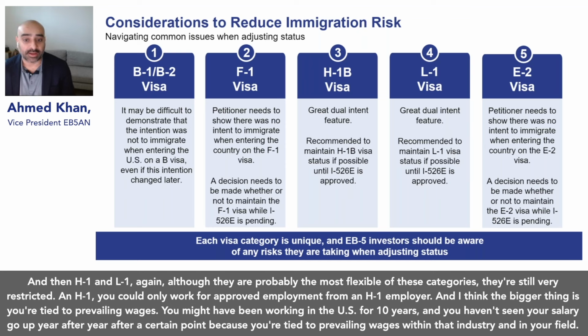And then H1 and L1, although they are probably the most flexible of these categories, they're still very restricted. In H1, you can only work for approved employment from an H1 employer. And I think the bigger thing is you're tied to prevailing wages. You might have been working in the US for 10 years and you haven't seen your salary go up, year after year after a certain point, because you're tied to prevailing wages within that industry and in your field.